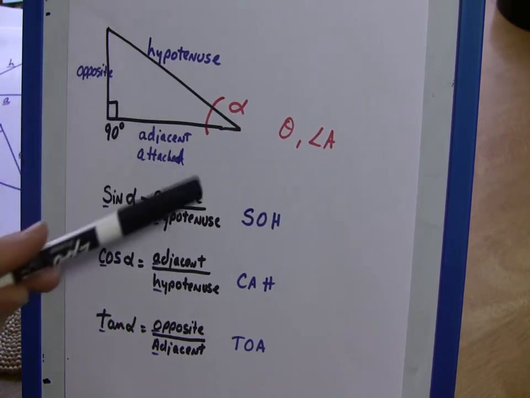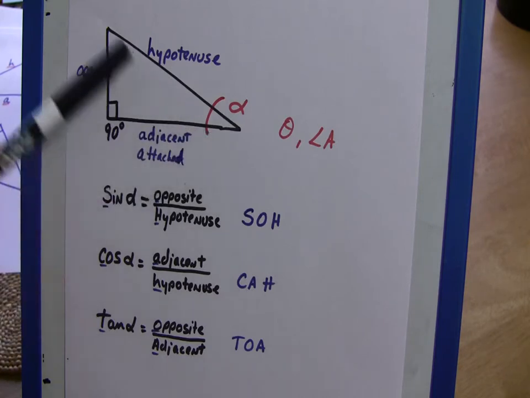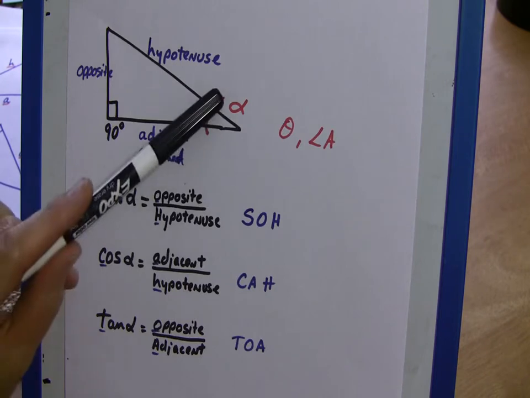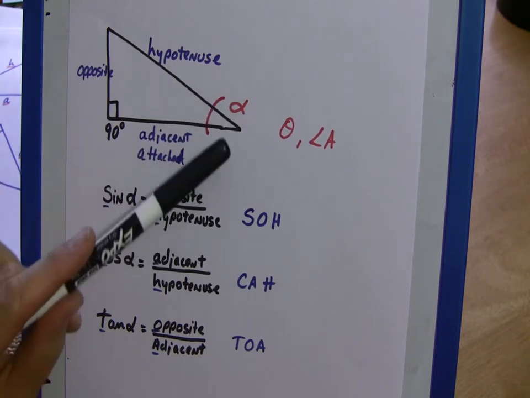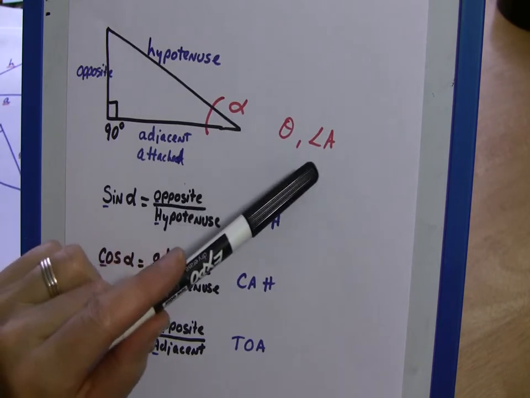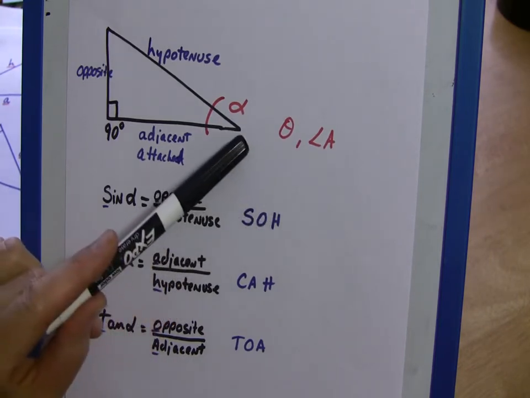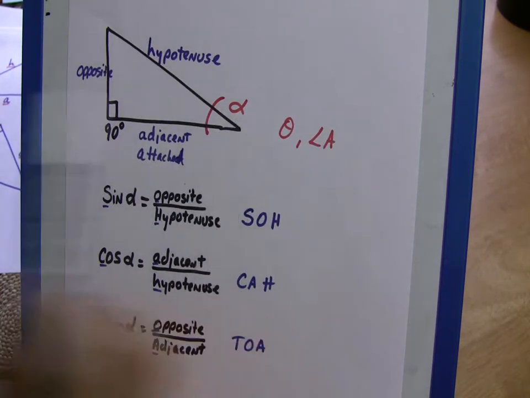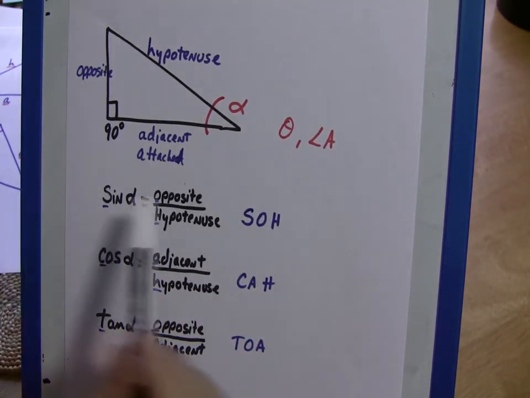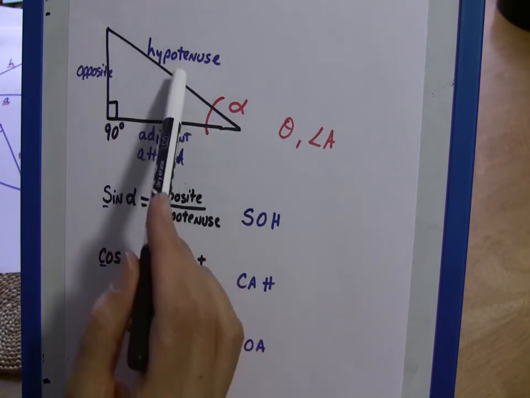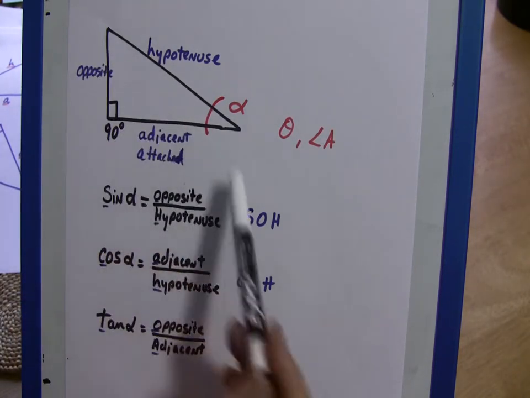In trigonometry, we often focus on one angle in a right triangle, and in this case I'm going to call that angle alpha. I'm going to label it with a little hash mark here. Depending on your course, you could call it theta, or angle A. It doesn't matter, we're going to call it alpha in this case. Normally in a right triangle there's a hypotenuse, and these are called the legs.